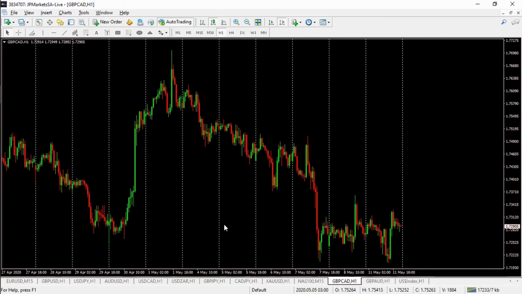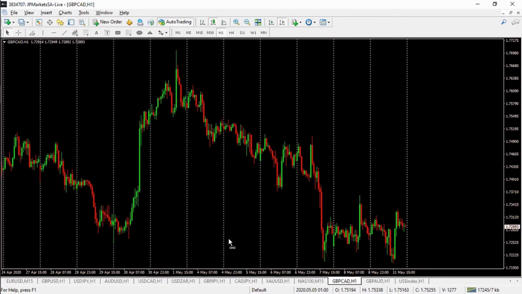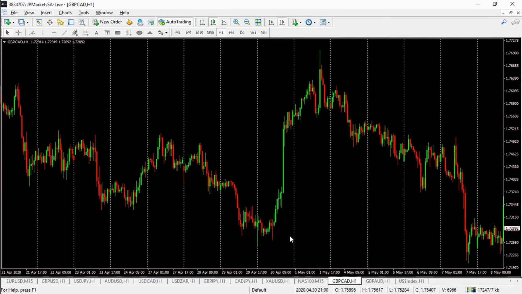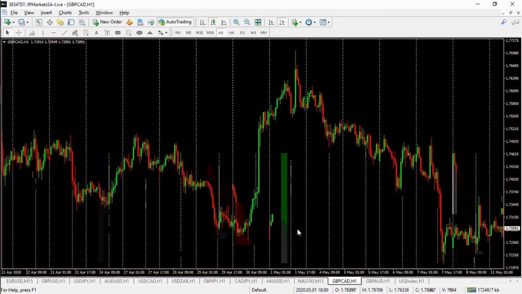That way it makes your analysis simpler, and you won't work as hard as when opening a pair for the first time, analyzing it and trading it. It's much simpler if you have a background of the pair. Then in future you know, okay, this level has been a major key level for a very long time, and once it reaches this level, it's going to react in a certain way.